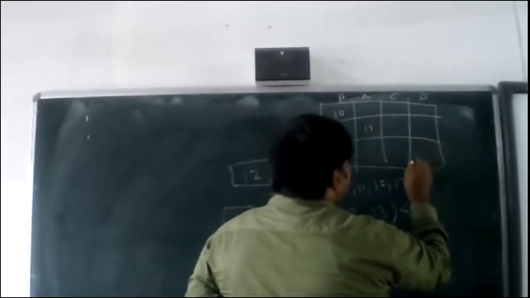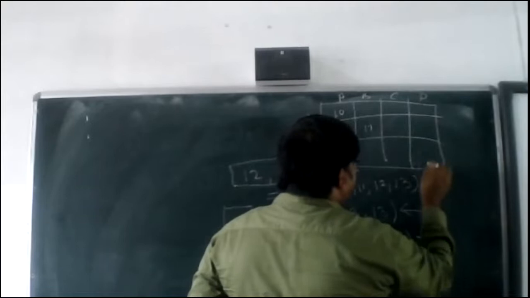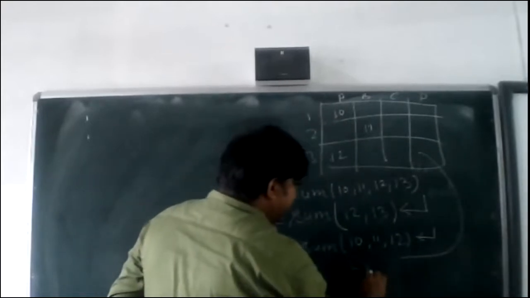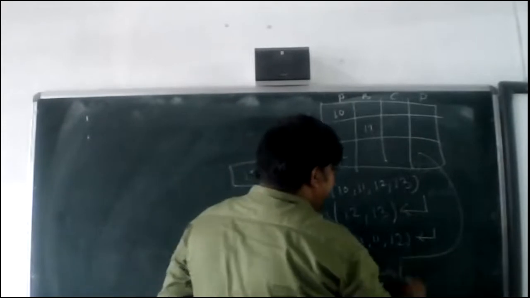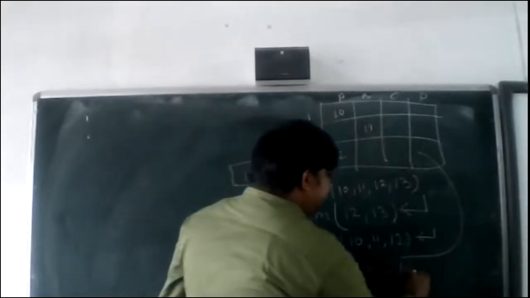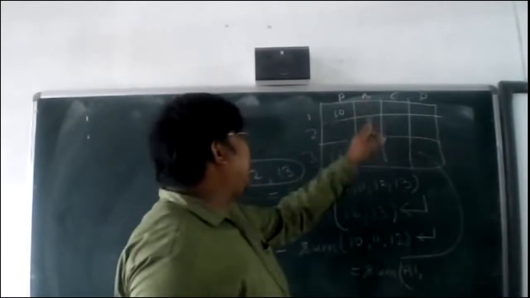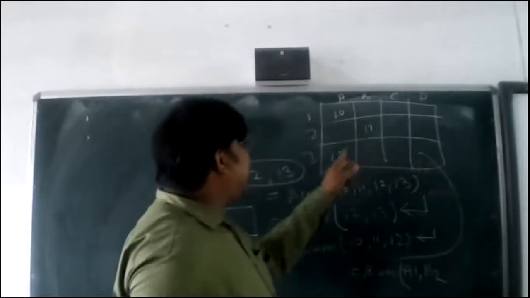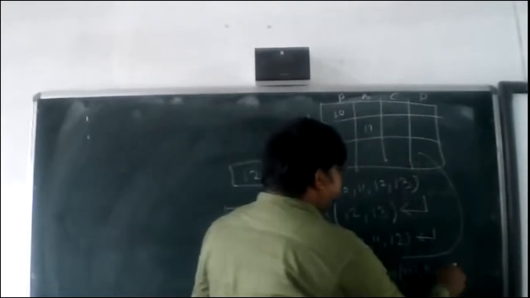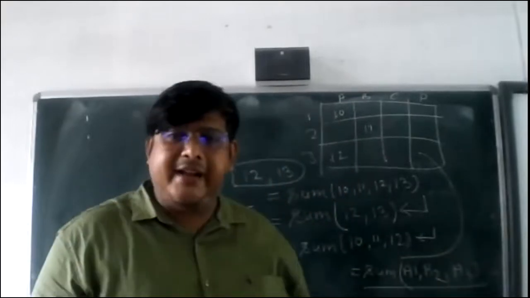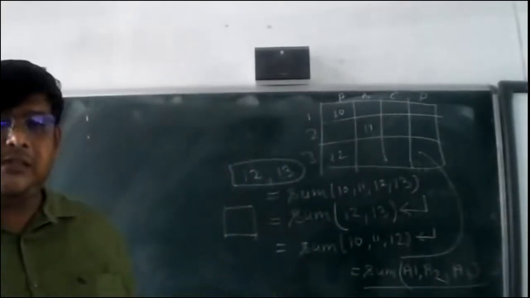So what I will do, I will click on this cell and write equal to sum. Which cells do I have to use? The A1 cell, so I will write A1, comma. Then the second cell, so I will write A2, and then I will write the third cell, A3, and I will press the Enter key. We will get the sum.